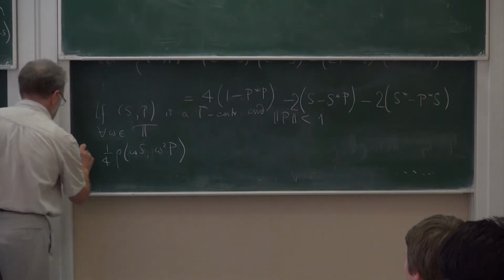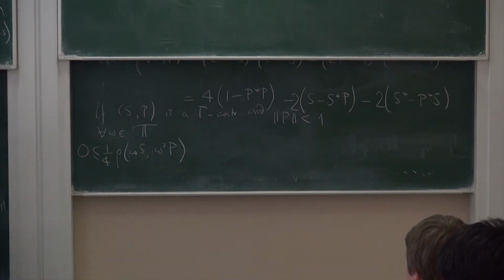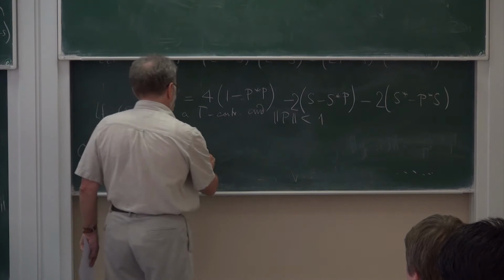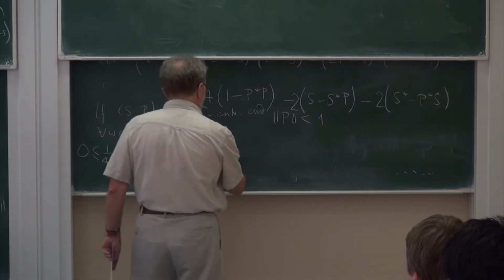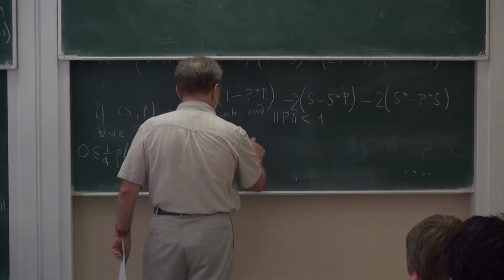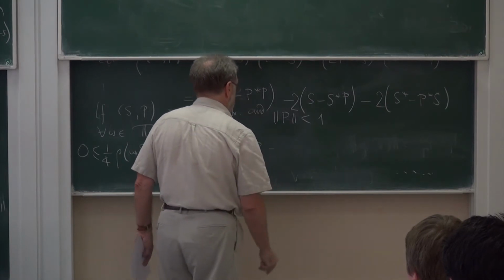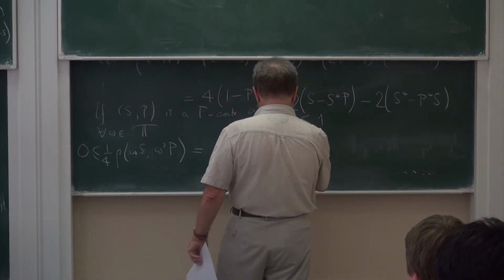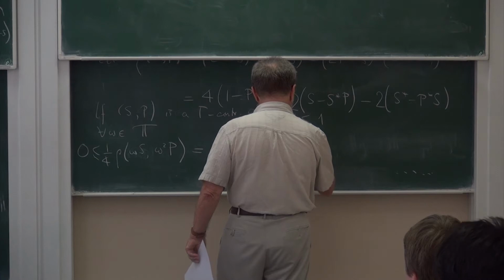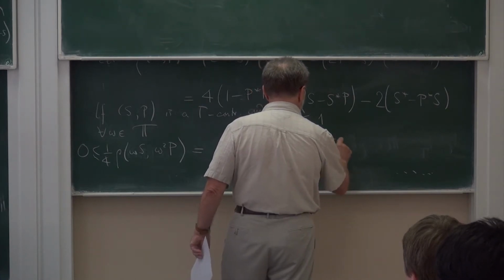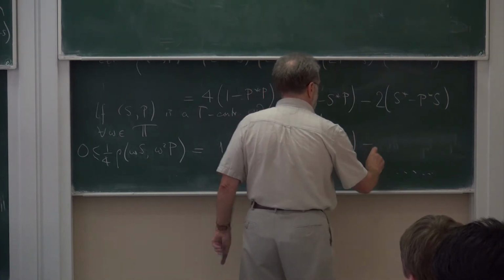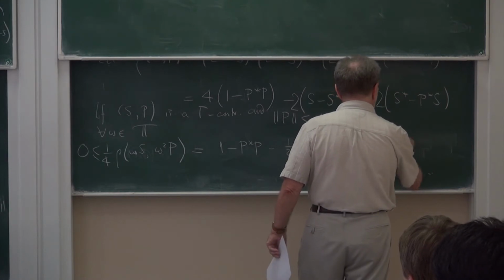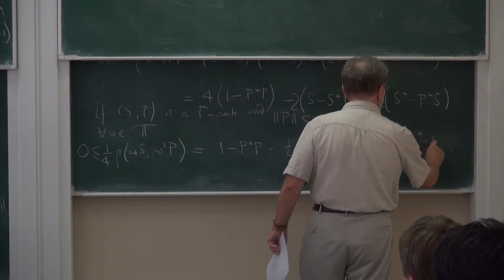So 0 is less than or equal to that, which is 1 minus P star P minus a half omega into (S minus S star P) minus a half omega bar (S star minus P star S).